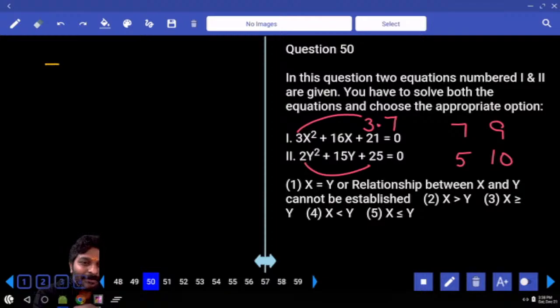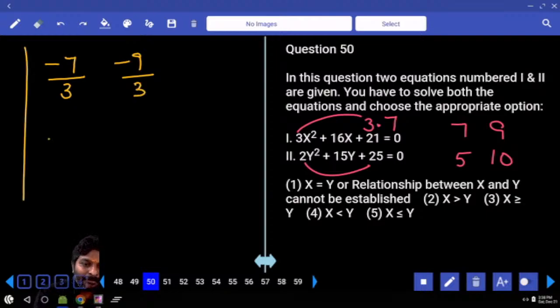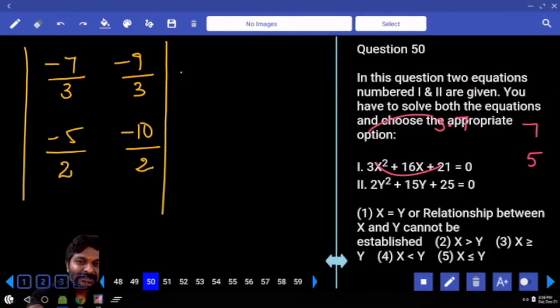Then factors are minus 7, minus 9 divided by 3. Minus 5, minus 10 divided by 2. Now, let's simplify this. Minus 2 1 by 3, that is 2.3, right?